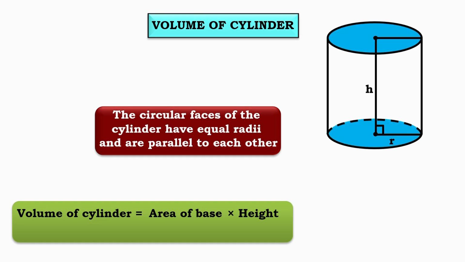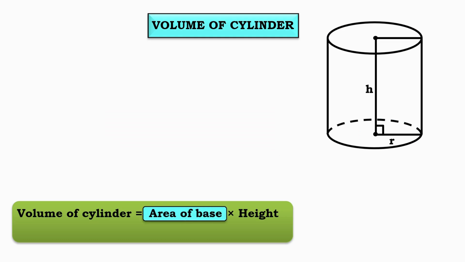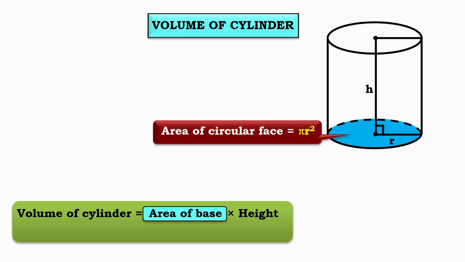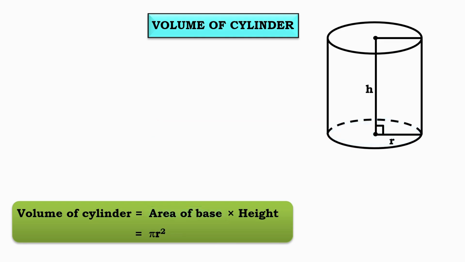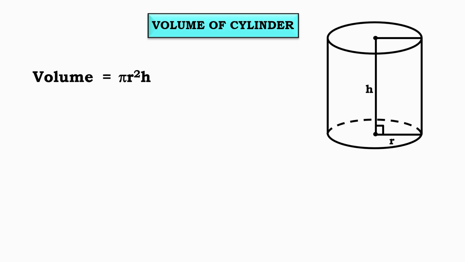So the area of the base is pi r square, and height is h. So pi r square into h is the volume of the cylinder. So you need to memorize these formulas for the cylinder: CSA, TSA, that is total surface area, and volume as well.